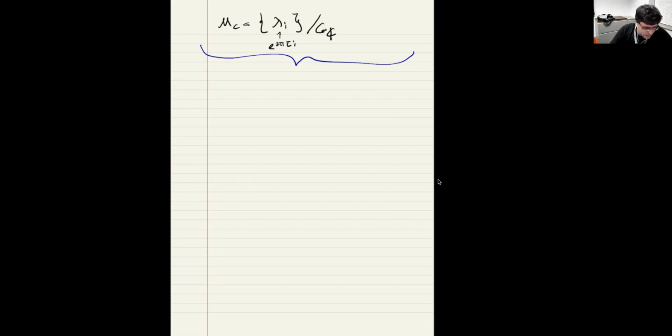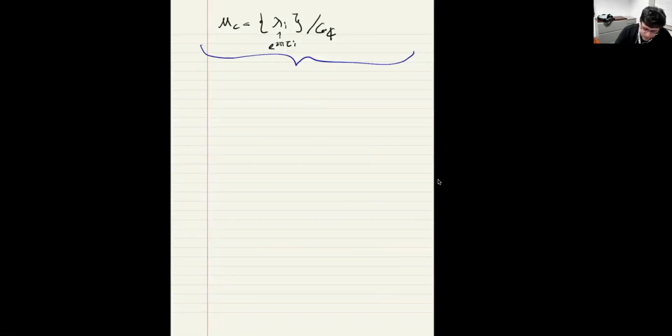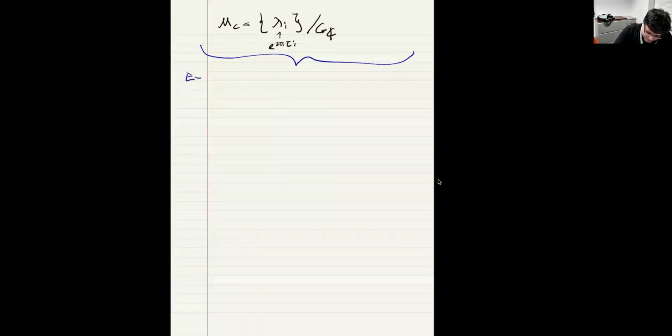If there are no questions, let me briefly go over the example that we started last time and did not finish. I will finish it now: a detailed analysis of a conformal manifold of a theory, which will turn out to be very interesting.